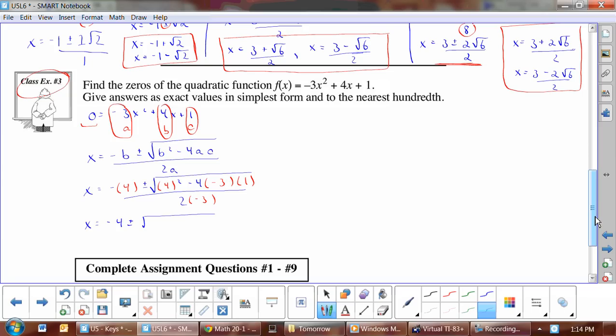Someone with a hand. Yes, Justin? You got it. So 28 all over negative 6. Okay, and can our 28 be simplified?